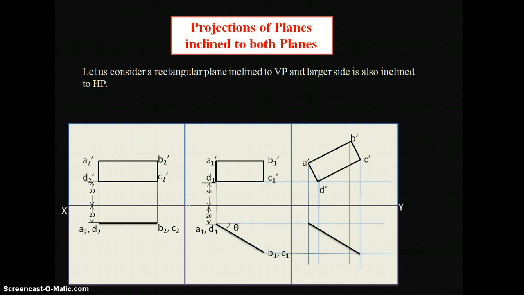Wherever the construction line from the corner point A intersects, and wherever the construction line from the last corner point C dash intersects, the intersecting point between these two construction lines represents A dash and C dash.